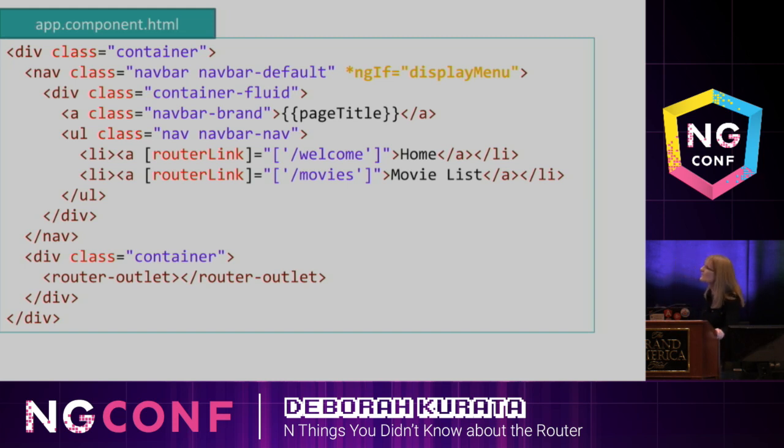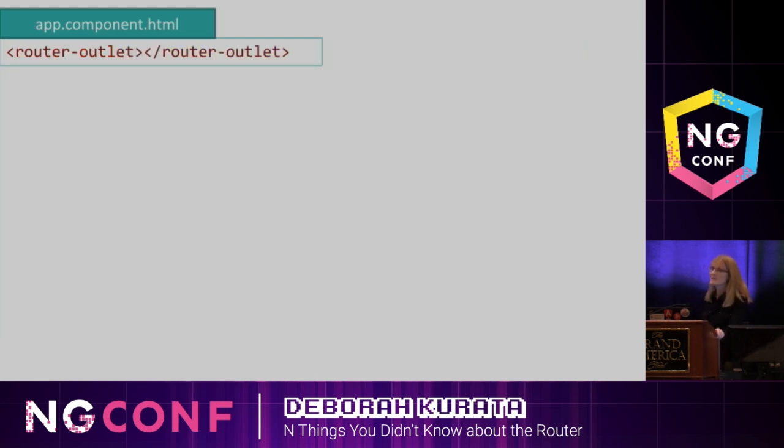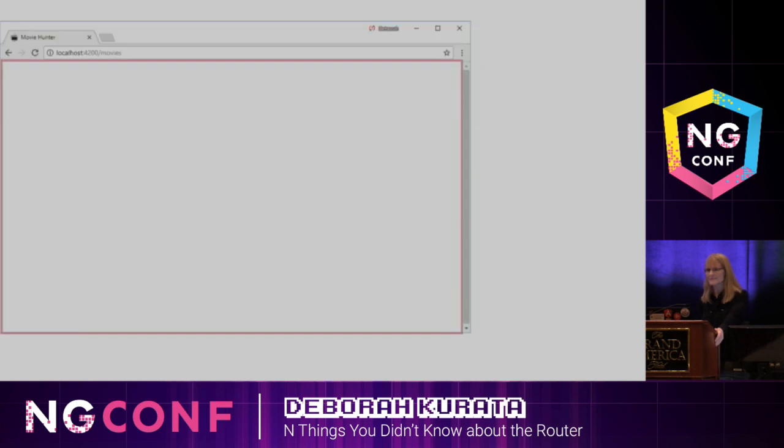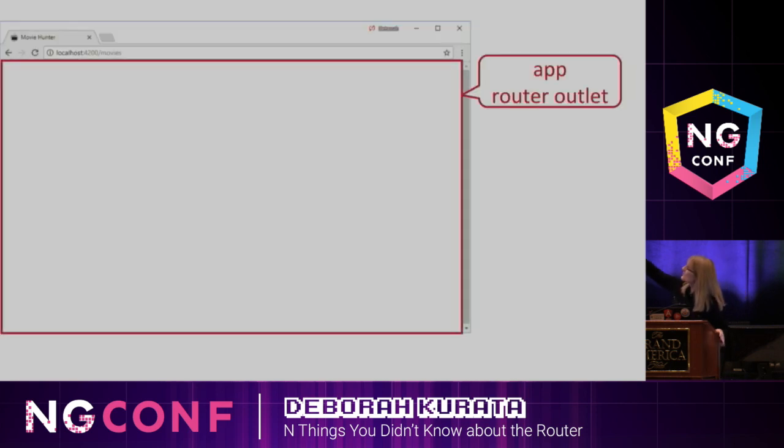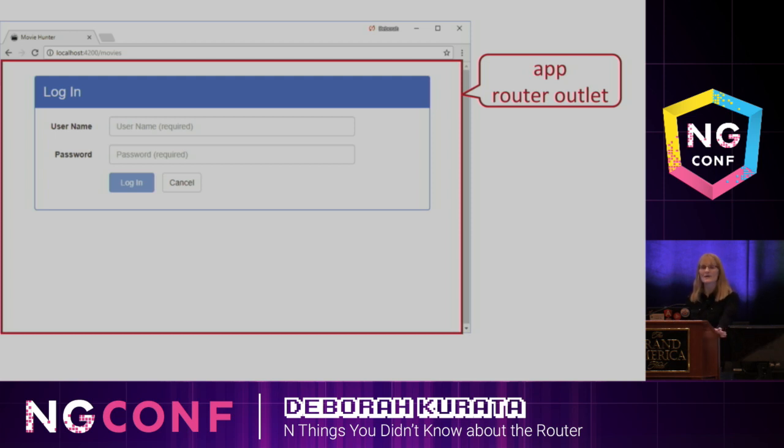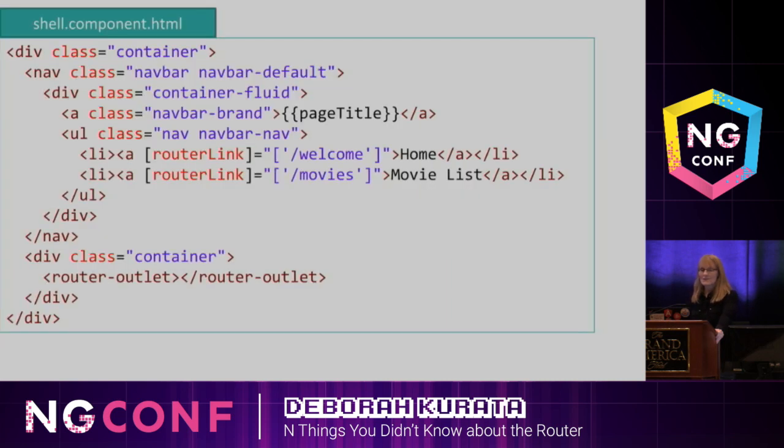Well, we can change our app component from all of this to just that, so that our main app component is only the router outlet. Then our whole browser area is our app router outlet, and we can route things that we don't want the menu on into that router outlet, so we can put our login in there. All right, but we still need our menu somewhere.